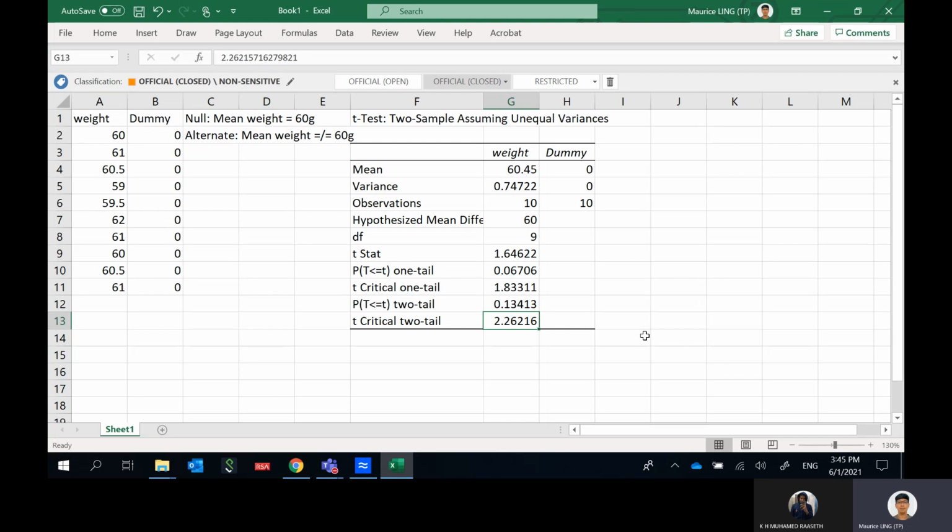You accept the null hypothesis, correct? Because the t statistic is lower than the critical value, or the p-value is more than the alpha, which is 0.05. Alpha is what you decide.